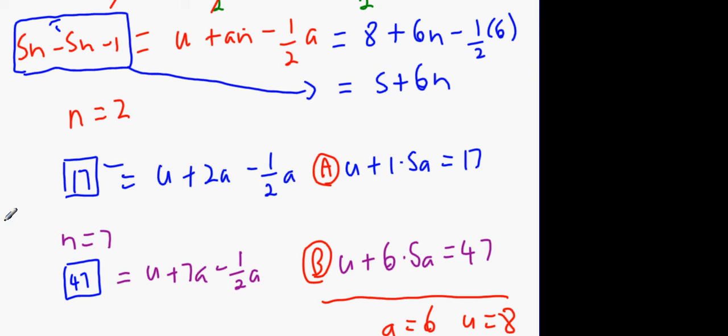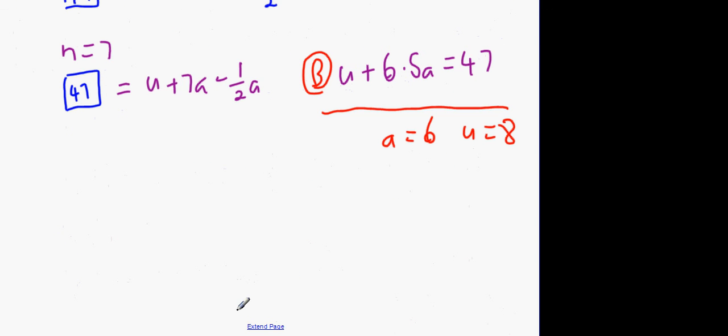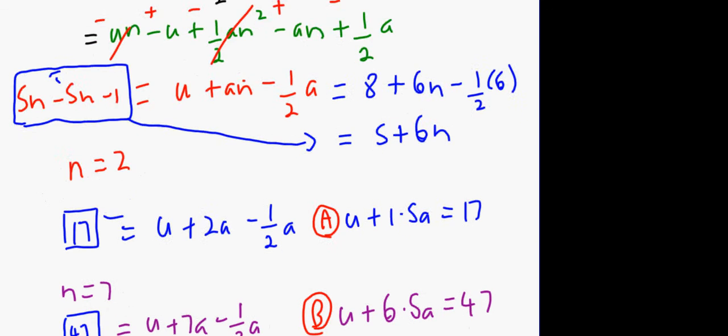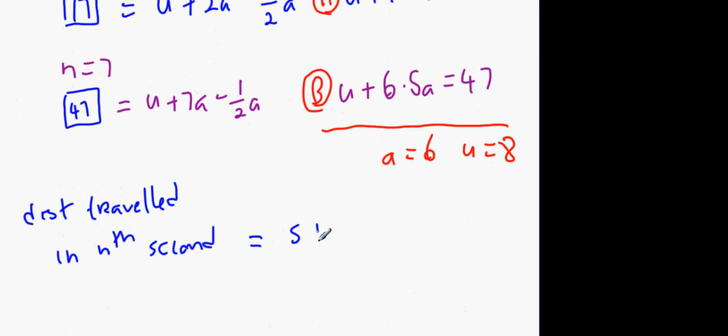So what we can do is we can go down, and now we can say that distance travelled in n seconds is 5 plus 6n. That's the distance travelled in the nth second. So we're just after answering part 2, haven't I? Yeah?